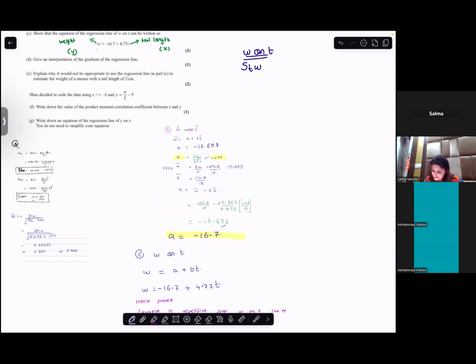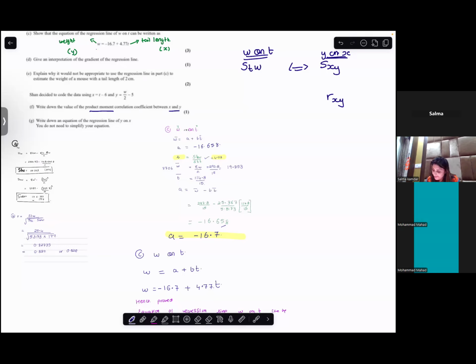And he's coding the data to make it SXY. That means Y on X. And he wants to find out the PMCC for X and Y. It remains the same, the product moment coefficient of correlation for X and Y. That means he wants RXY.